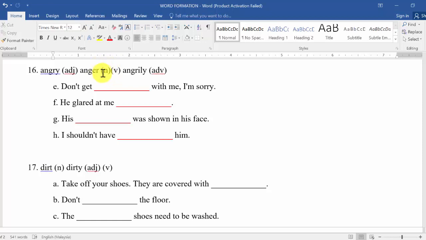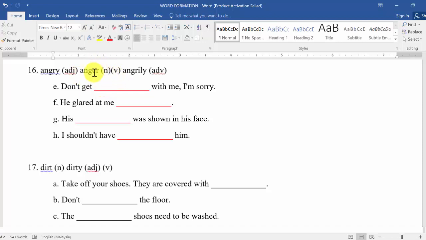Next word, anger. Anger is a noun and also a verb. Now anger as a noun means an emotion of someone. For example, the anger can be seen from his face. The emotion, the emotion anger, can be seen from his face.